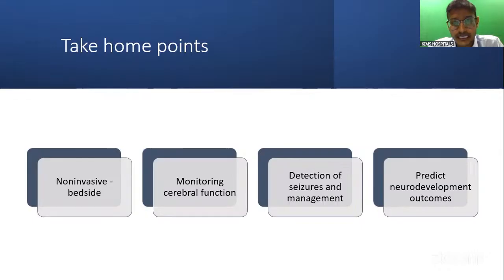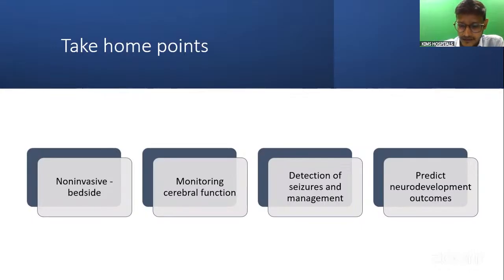And it helps in detection of seizures, but of late the Cochrane review has compared amplitude EEG with conventional EEG for seizure detection, and it has moderate sensitivity and low specificity. And when it comes to predicting the neurodevelopmental outcome, amplitude EEG, in conjunction with the clinical parameters, has a very good role.